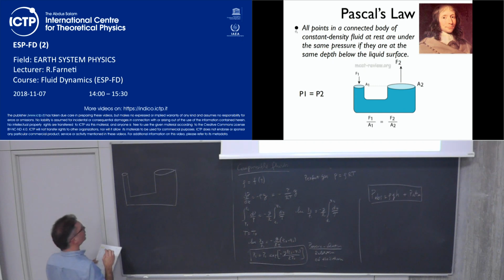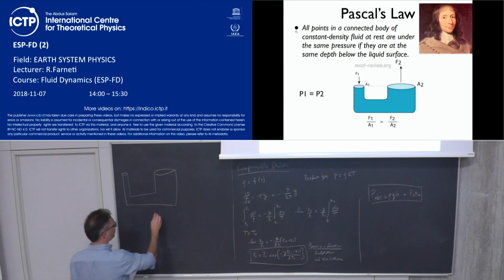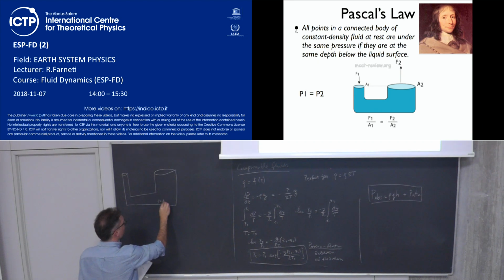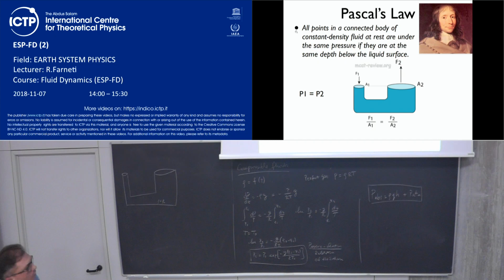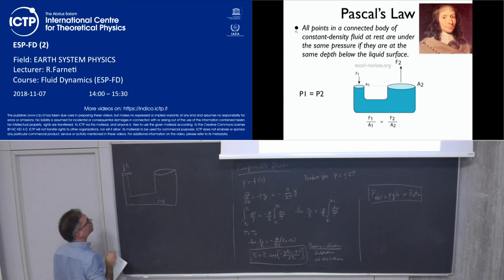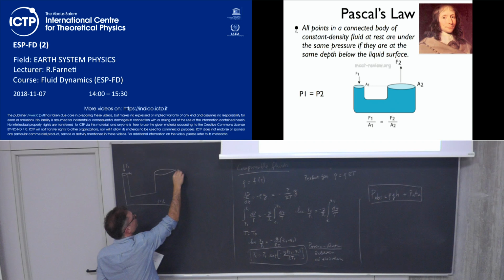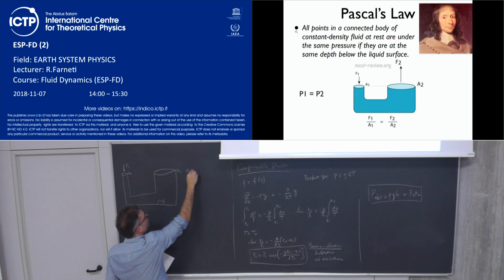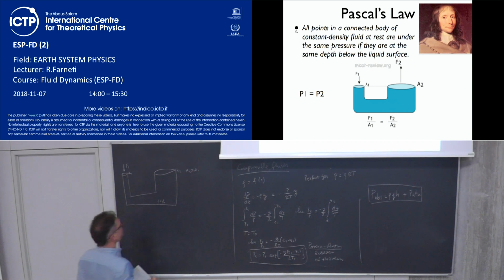So imagine this system, okay, this is filled with a liquid, where rho is a constant. And you apply a force F1 to this area A1. And this area is A2, where A2 is bigger than A1.